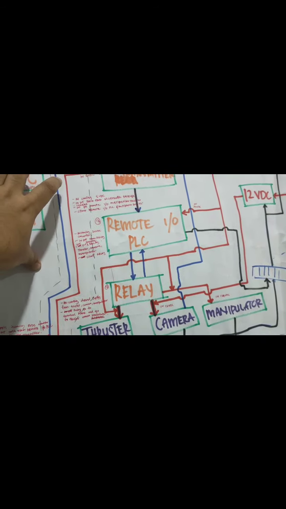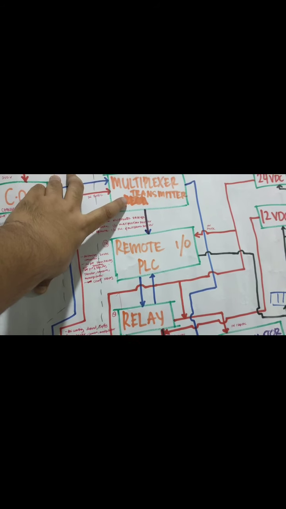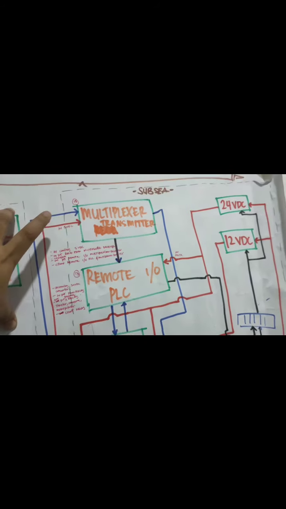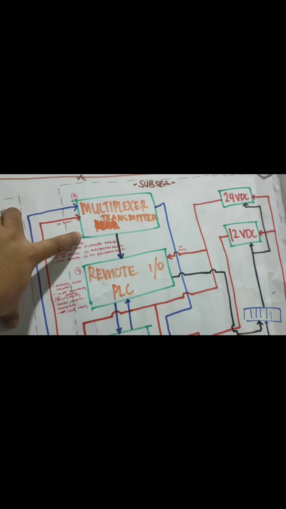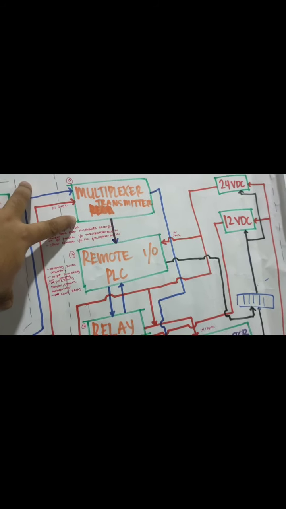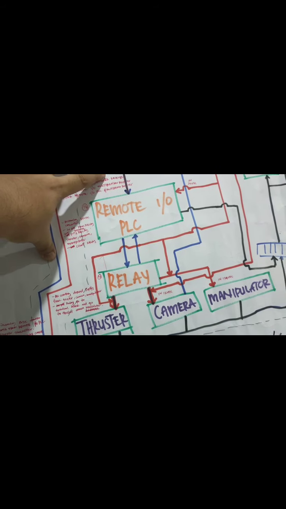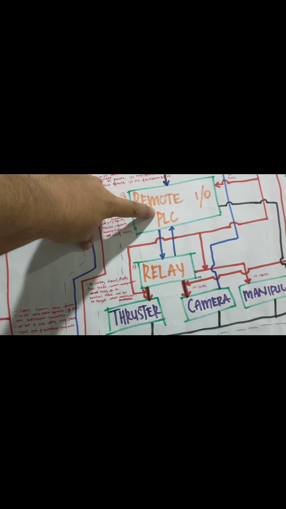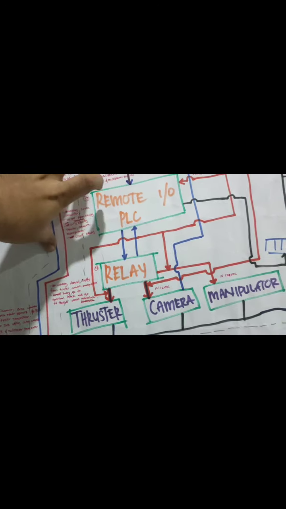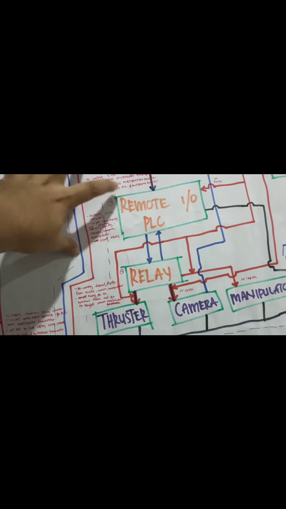For the multiplexer transmitter here, the supply and input are from the ROV junction box, and the output will be to the remote I/O PLC, which is also the client.